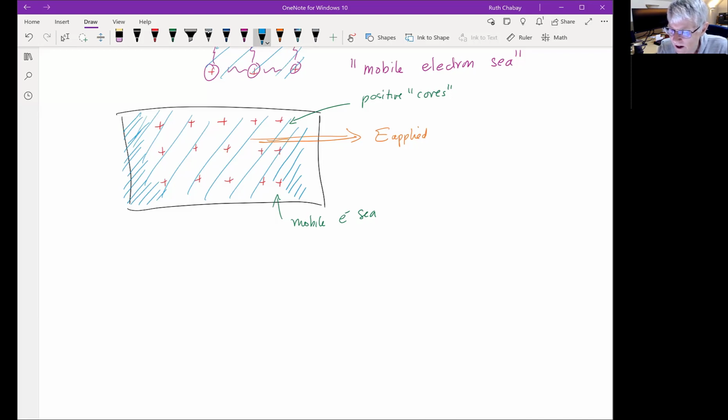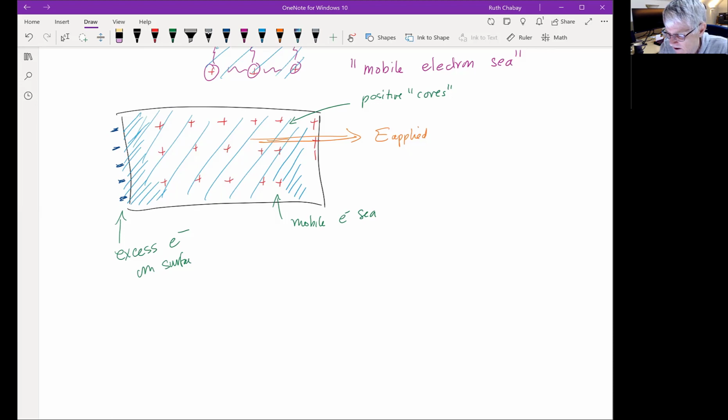So if we draw it schematically, we're going to draw a bunch of electrons just outside the metal envelope to show that it's sitting on the surface of the metal. Excess electrons on surface. And over here we have some positive atomic cores that are exposed.